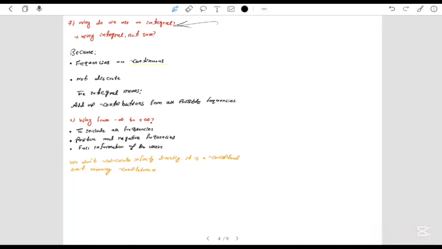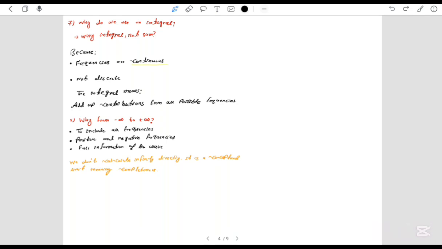So why do we use integrals? This is very important. Why an integral, not a sum? You need to make sure to understand two things: discrete and continuous. We mostly use integrals with continuous quantities, and sums with discrete ones. Because frequencies are continuous, not discrete, right?